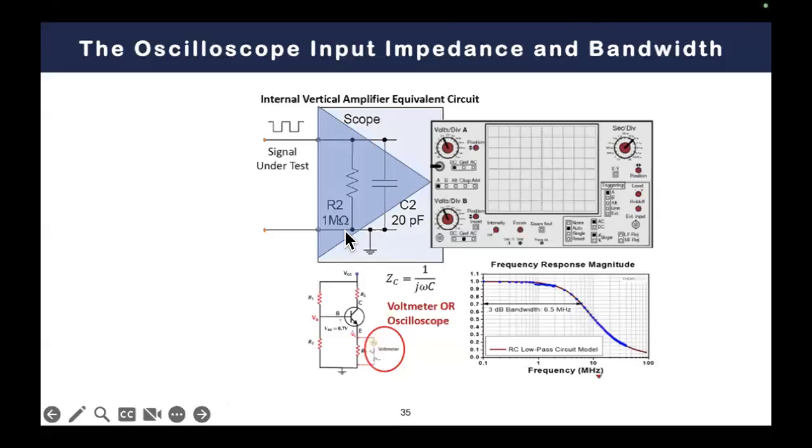So considering the input impedance of an oscilloscope will lead to two important phenomena that we should track. The first is the loading phenomenon, which again has two sides. The capacitive side, which is related to your operating frequency.